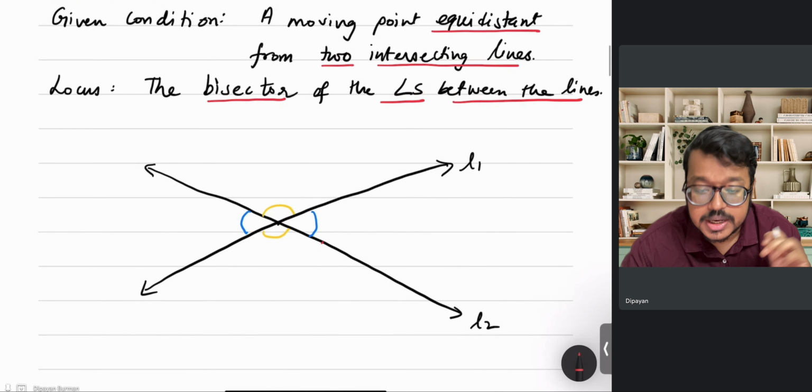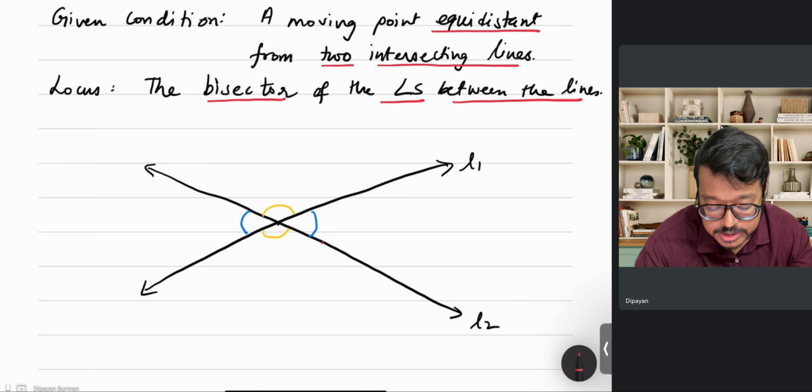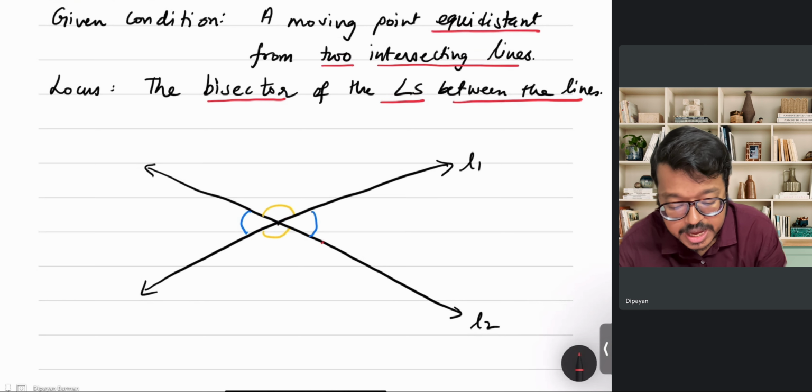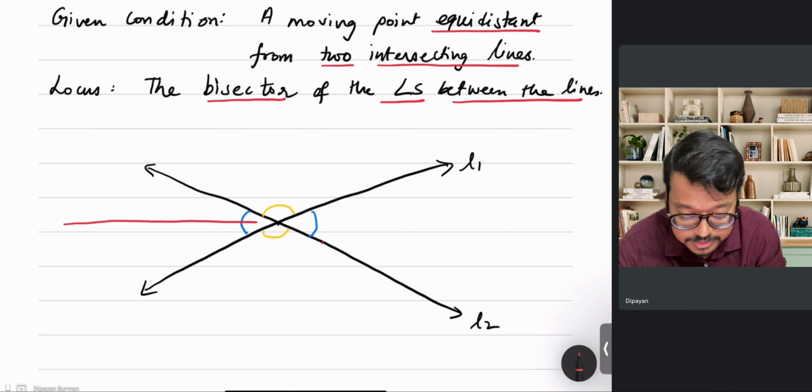So in this figure, L1 and L2 are two intersecting lines, and they are forming two pairs of vertically opposite angles. One pair is the blue angles. If I draw the bisector of the blue angles, I will get this straight line.